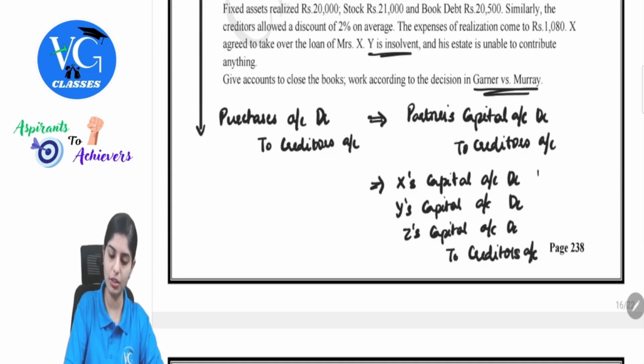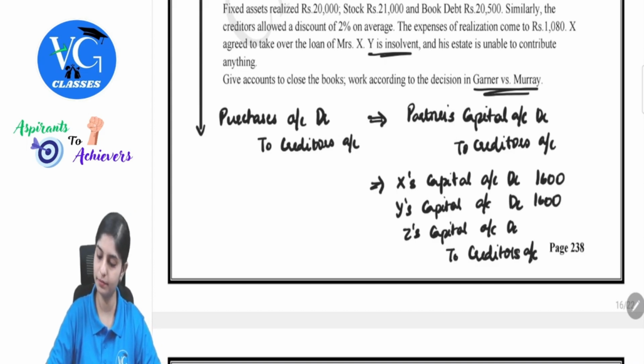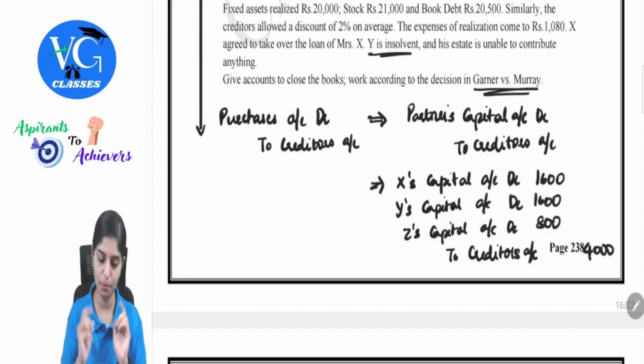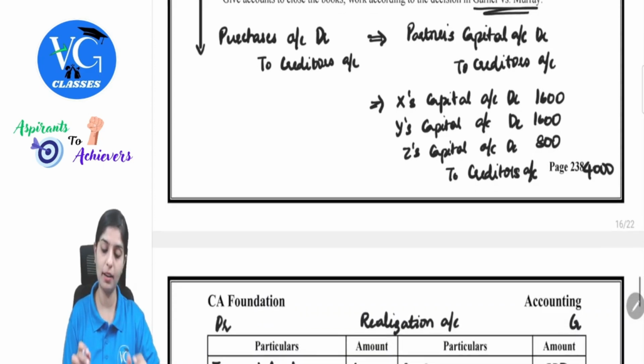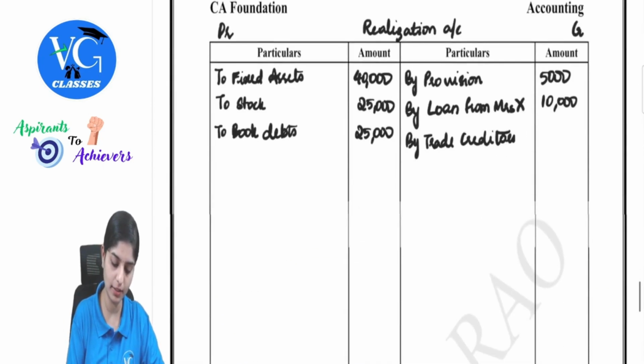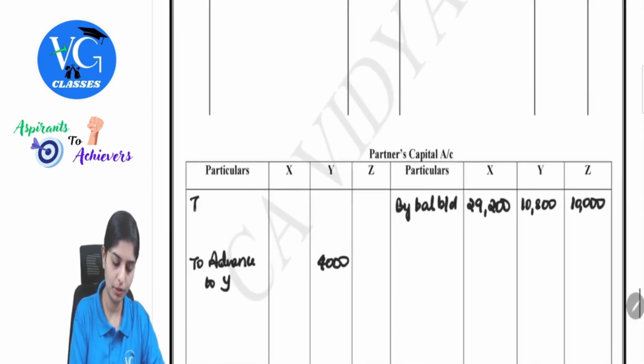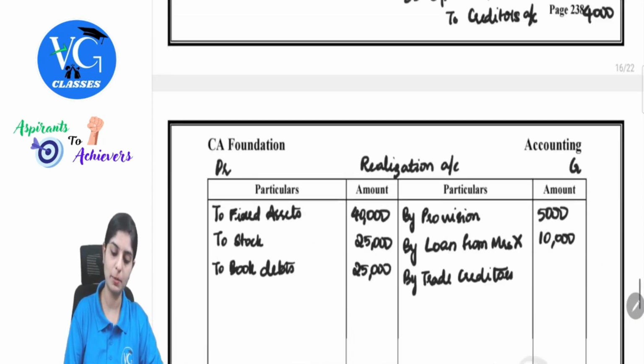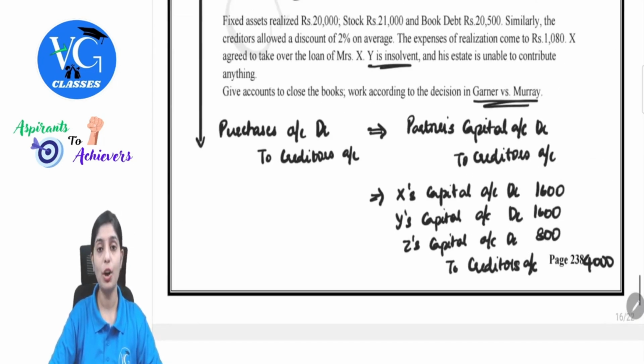This is for the revision done. 1,600, 1,600 and 800. So this needs to be reflected in the partnership books. So capital account is debited to creditors, to creditors 1,600, 1,600 and 800.